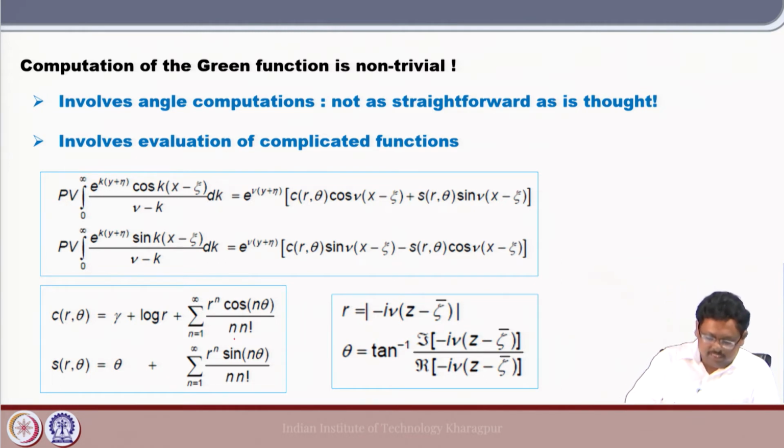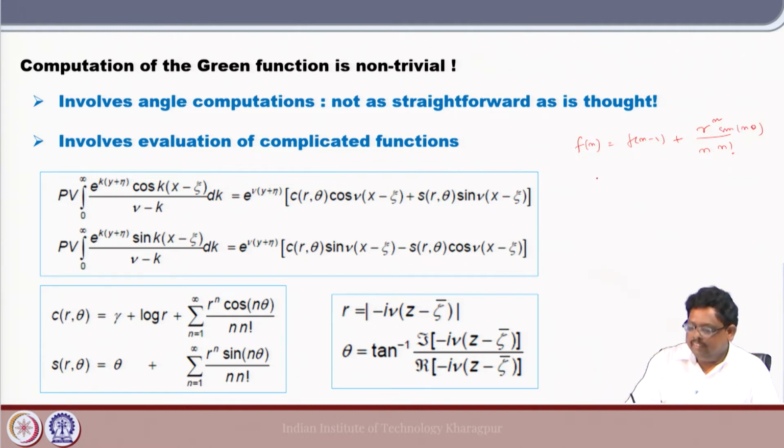If you keep doing this n into factorial n, suppose you write a very simple type of code, let us say f of n is equal to f of n minus 1 plus r to the power n divided by n into factorial n, and multiply by the sin n theta.